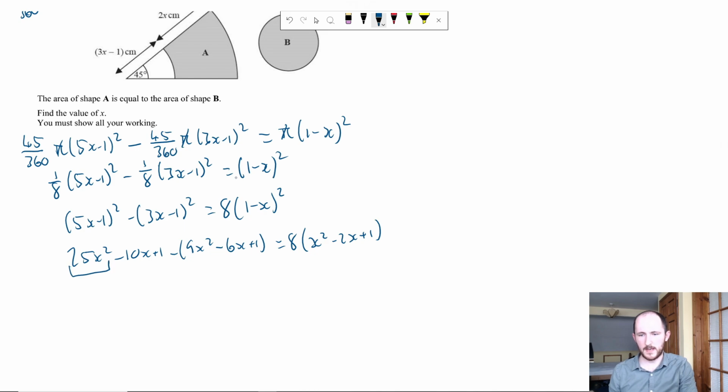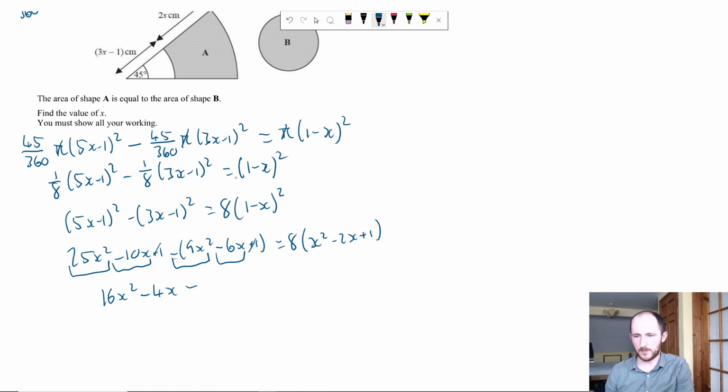So 25x squared minus 9x squared would give me 16x squared. And then minus 10x minus minus 6x would give me minus 4x because it'd be minus 10 plus 6. And then 1 minus 1 gives me 0. Okay.